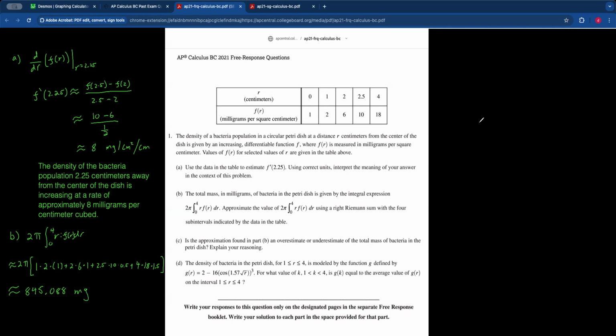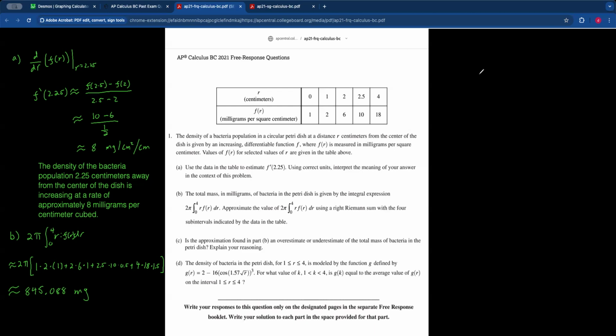Is the approximation in part B an overestimate or an underestimate of the total mass of bacteria in the Petri dish? So we use the right Riemann sum, and obviously this is increasing at an increasing rate. So that's going to be concave up, and because it's increasing, that's fine.